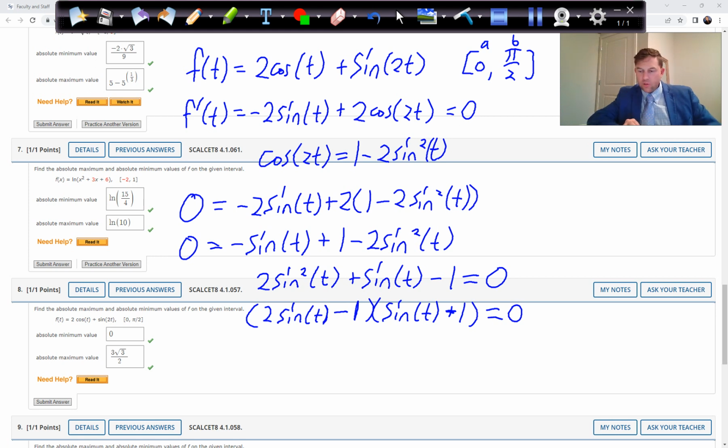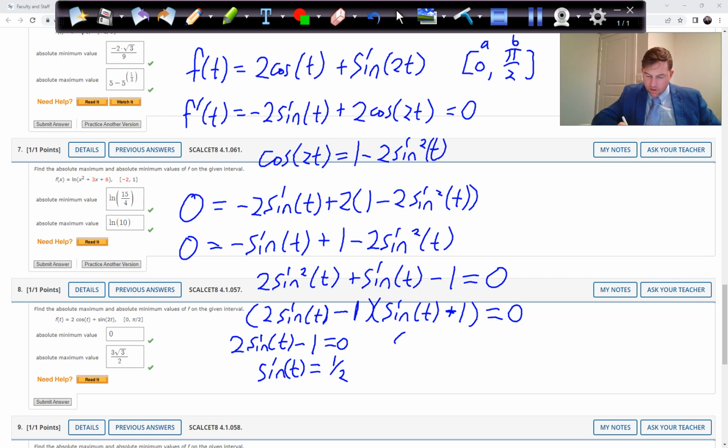Okay, so if you FOILed this, you'll get 2 sine squared t minus sine t plus 2 sine t, which is plus 1 sine t, minus 1 equals 0. So this is 0 when each bubble is 0. So 2 sine t minus 1 equals 0, which means sine t has to equal 1/2. This one is 0 when sine t plus 1 equals 0, or sine t equals minus 1.